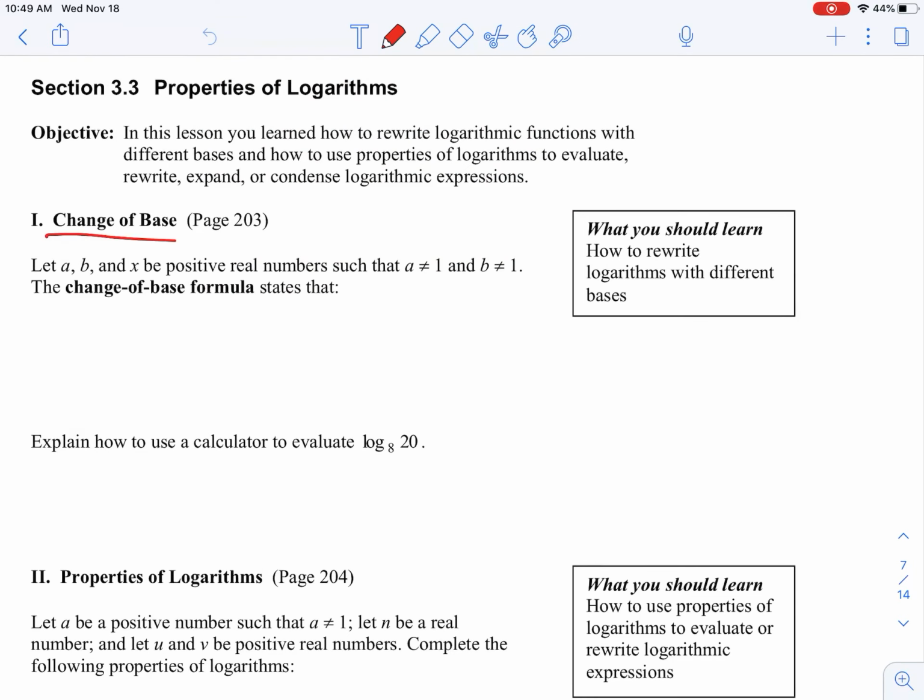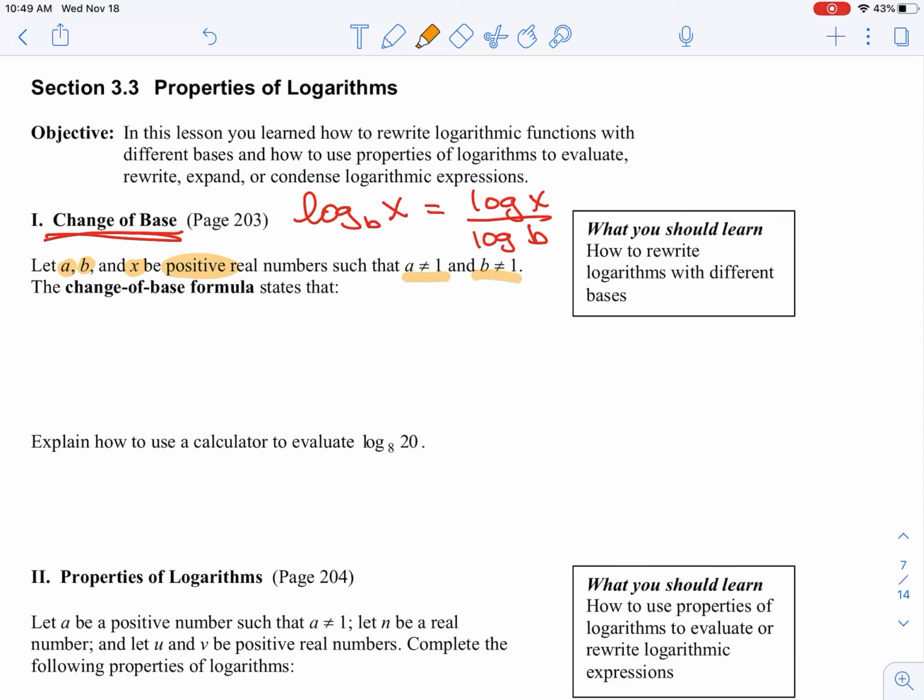So remember, we started to talk about this change of base. Remember, if I said log base b of x could be the common log of x over the common log of b, right? We said that last one. So this time we're going to talk about this. It says let a, b, and x be positive real numbers as long as a does not equal 1 and b doesn't equal 1.